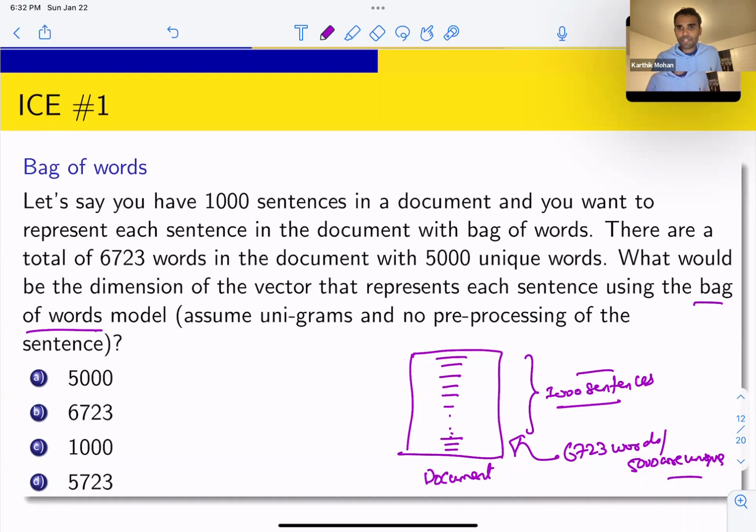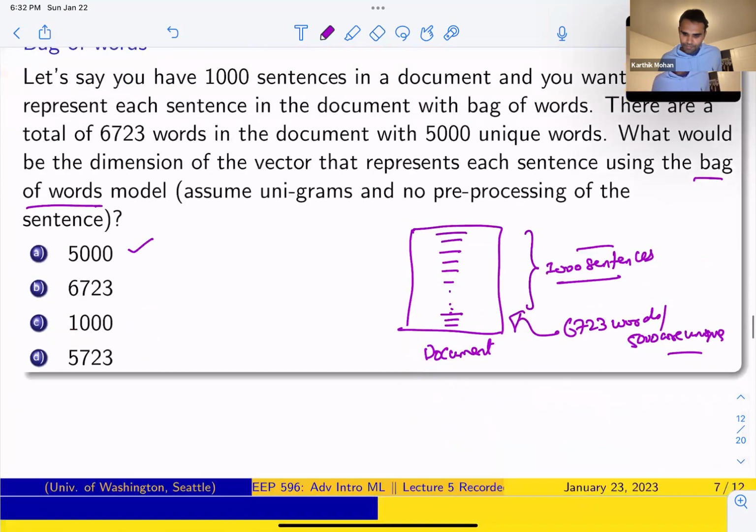Feel free to pause this video as you answer this question, and then we'll come back. All right, so hopefully you thought about this and you paused the video. So the answer is not 6,723 because those do not have unique words. So the number of unique words is also the size of the vocabulary, like we looked at in an earlier example on bag of words. So that would be here, right?